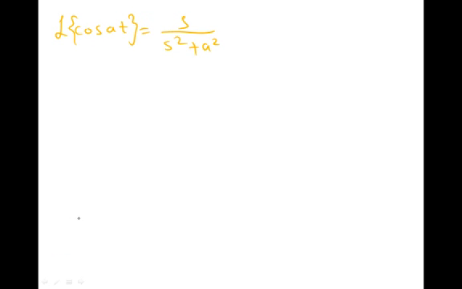Again, here we're going to use the hint that will make this proof simpler, that cosine at equals e to the power of iat plus e to the power of minus iat over 2. Let me make this one more clear.